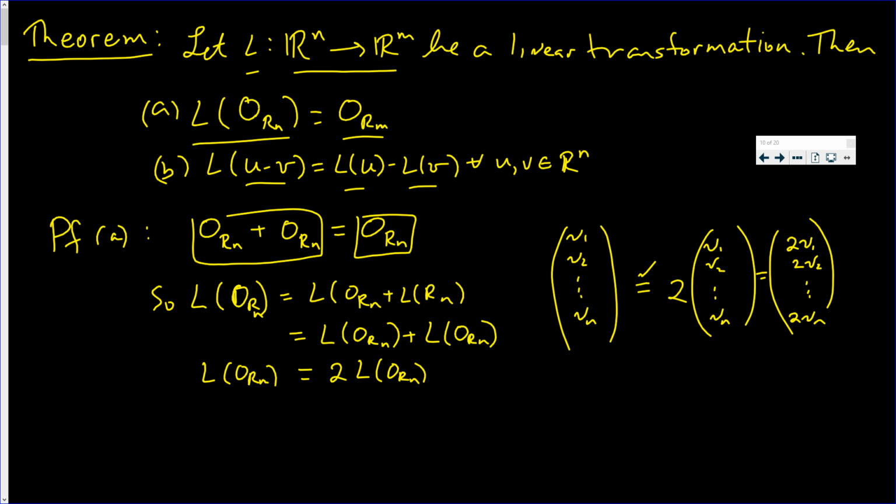The only way this equals that is if 2v1 equals v1. That means v1 is 0. And 2v2 equals v sub 2. That means v sub 2 is equal to 0. All the way down to 2v sub n equals v sub n. That means v sub n is 0. These values, vn, v2, v1, they're all real numbers.